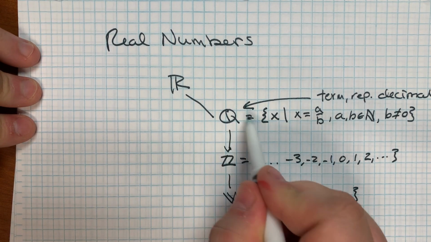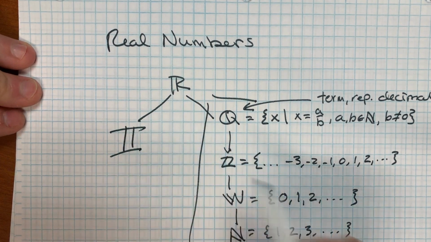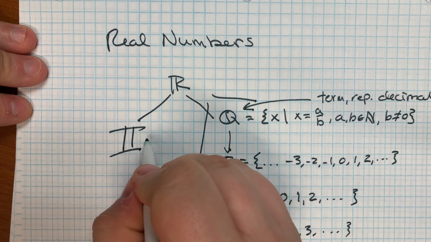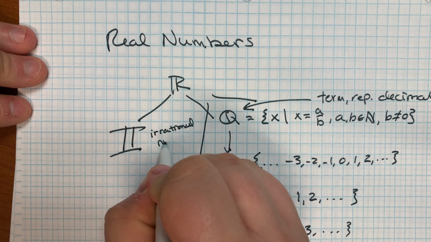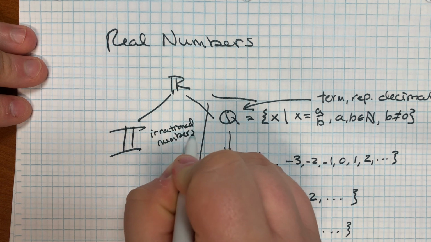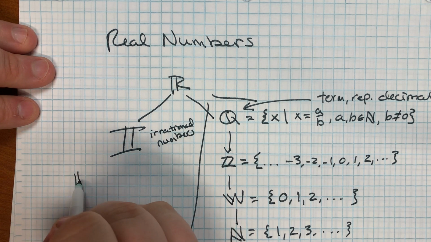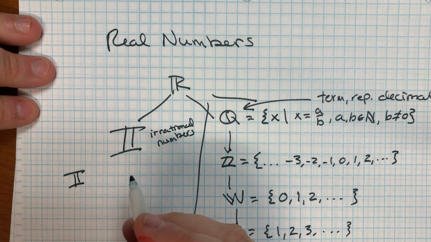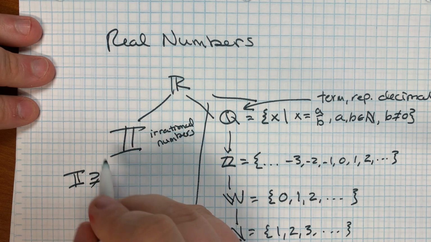But our real numbers is all of these and our irrationals. And so we'll use this double I for our irrational numbers. And I contains, but isn't equal to, because it has more things.